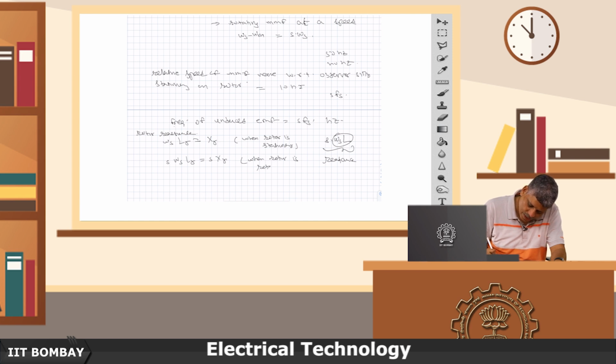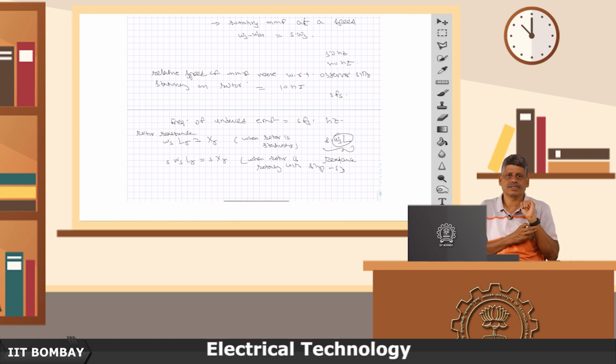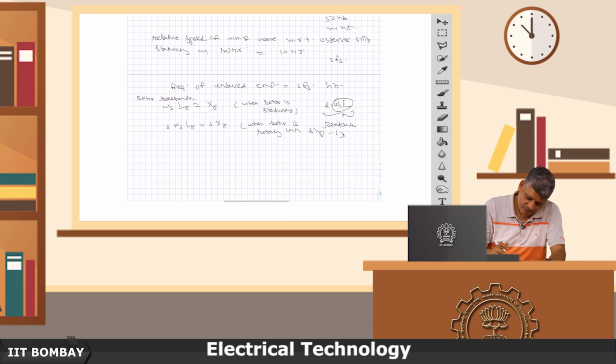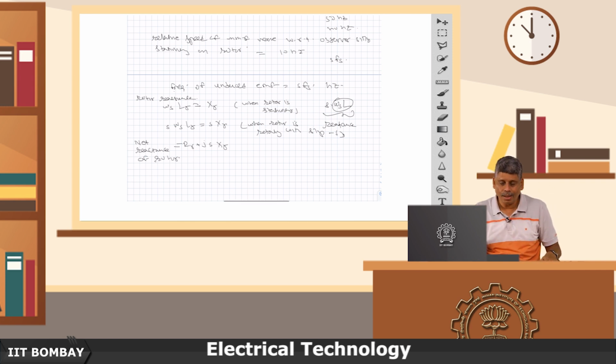When the rotor is rotating with slip s, the inductive reactance of it will reduce, and for any AC current which is going to flow, this will therefore be the net reactance of the rotor.